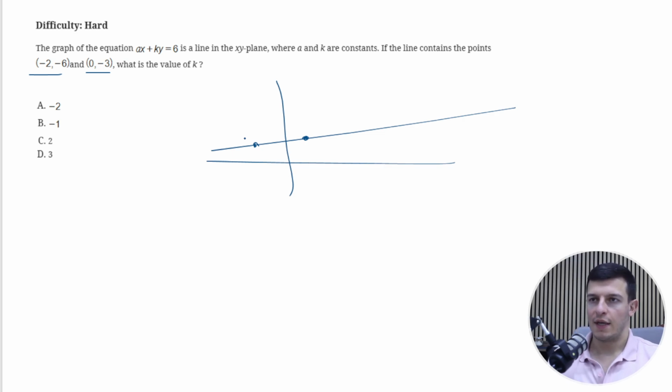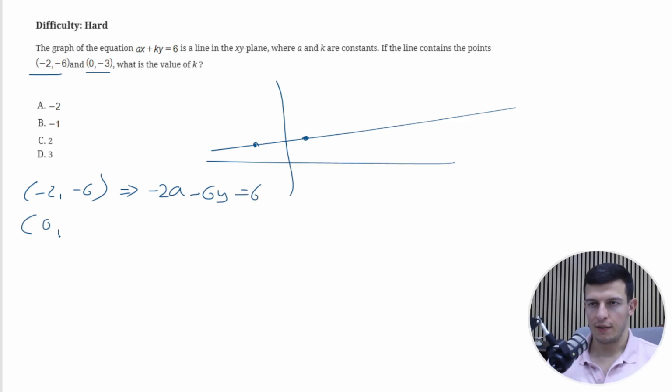We need ax plus ky, and we're looking for k. So we have two pairs of x and y. So let's use them. (-2, -6). If I plug it into the equation, what do I get? -2a minus 6k equal to 6.